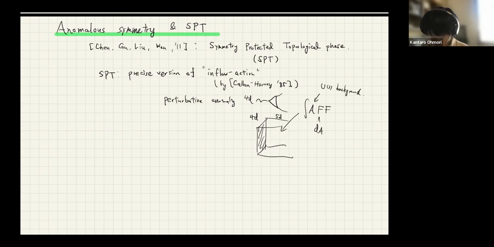Then if you put the effective action on the 5D, this cancels the anomalous transformation law. So that's this one.